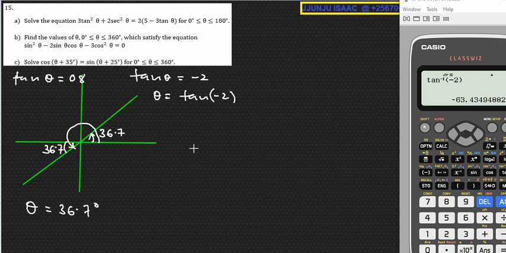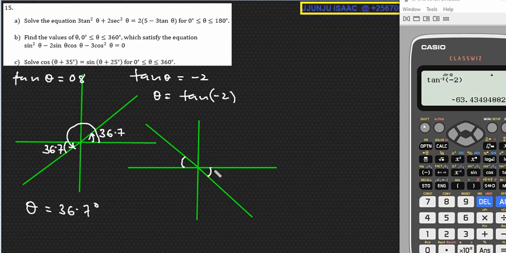So let us see that we know that tan is positive in the first and in the third, but here we're interested in the negative side, so we need this and that. So we have this angle here and we have this angle here. So we are interested in the region where our angle is negative.